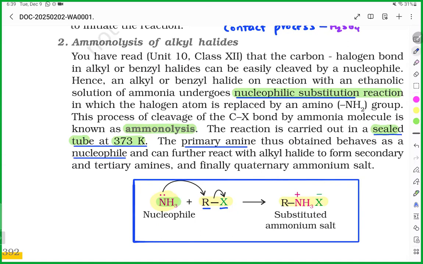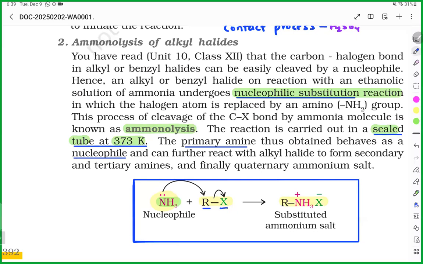It is a nucleophilic addition reaction, isn't it? Oh, yes, sir, because there is no elimination as such. Understood? So ammonia is nucleophile.